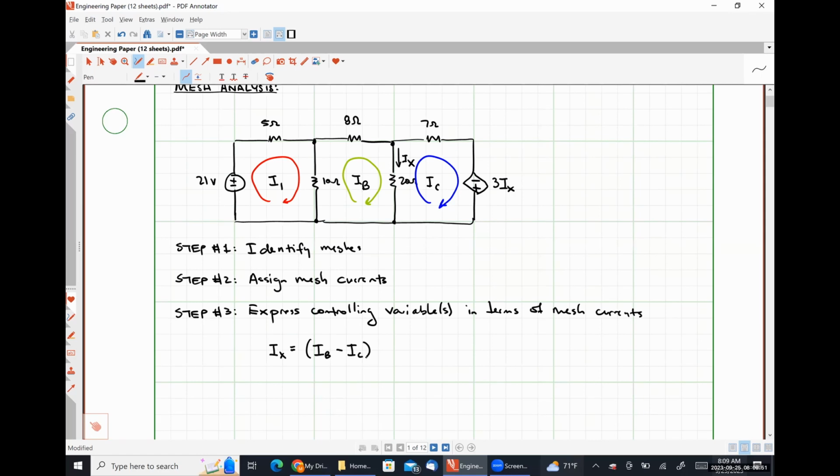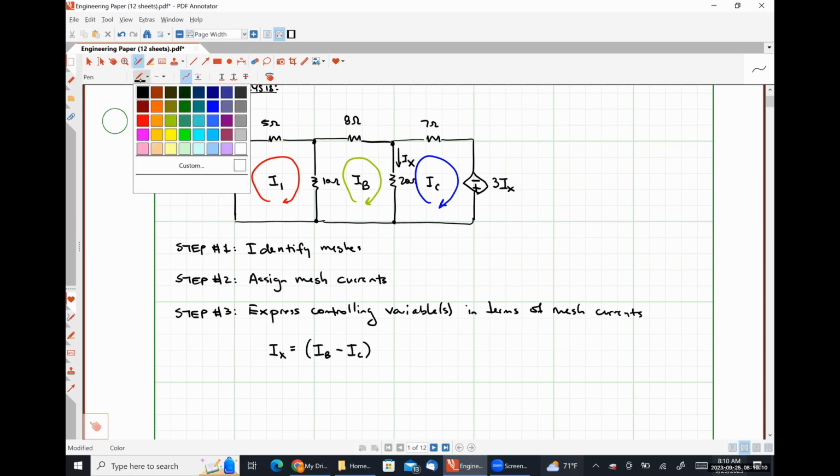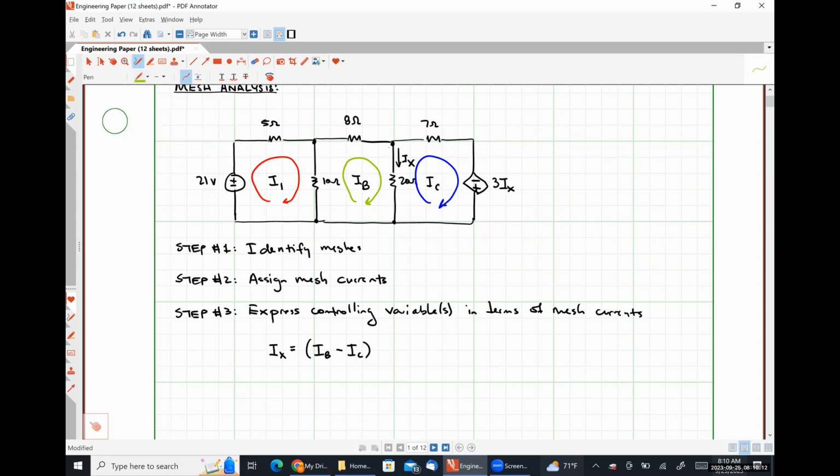Anybody have any questions about that? IB, as it goes around the clockwise path, right? So I did this in green, right? So when it's flowing down this branch, it's flowing in the exact same direction as IX.